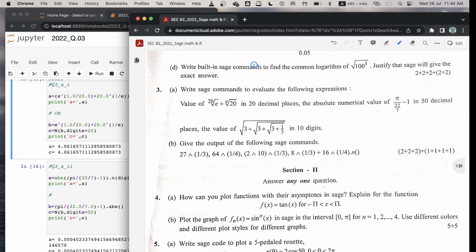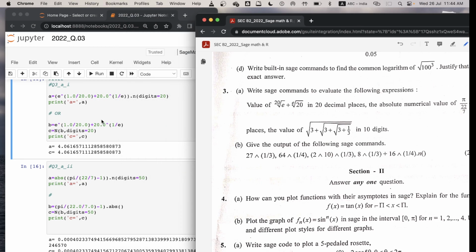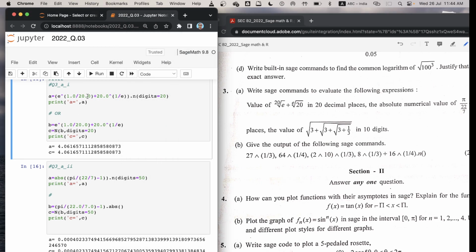So e to the power 1 by 20, plus 20 to the power 1 by e, dot n with digits equal to 20 for the numerical approximation, 20 decimal places. So print a. The correct answer is a, to 20 decimal places.